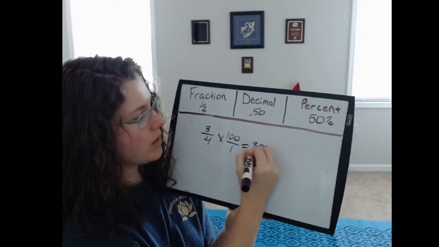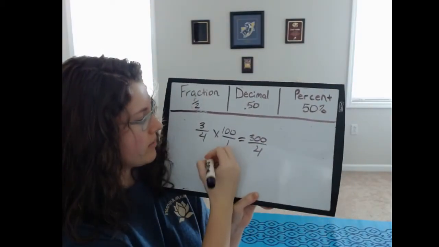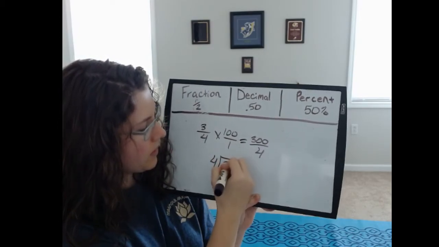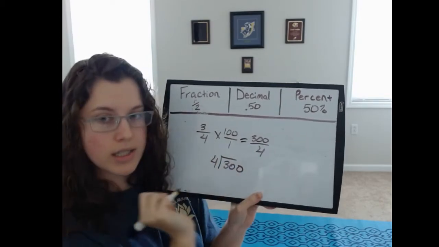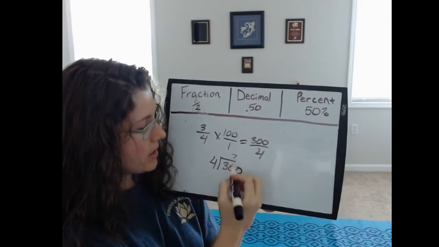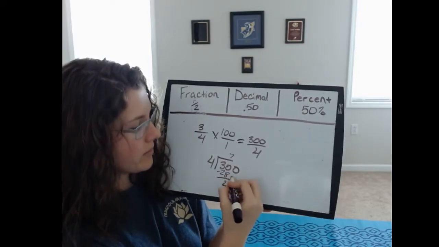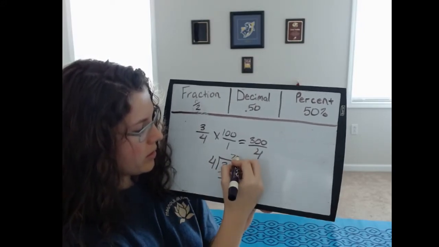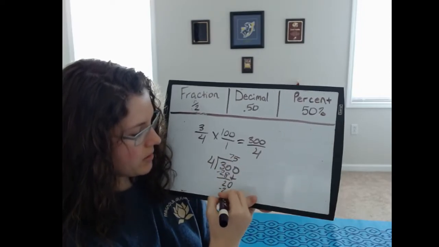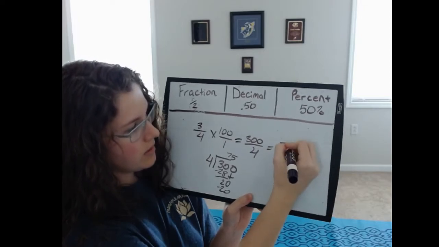So you would have 300 over 4, and now we can divide. 4 into 3 is 0. Can't do that. 4 can go into 37 times. This should look familiar. We worked something like this out earlier. 4 can go into 25 5 times. So your answer is 75%.